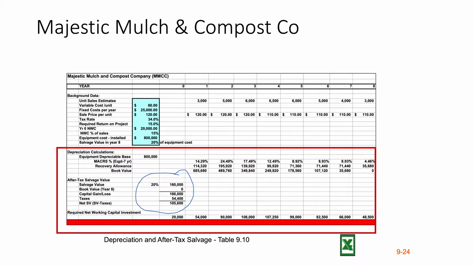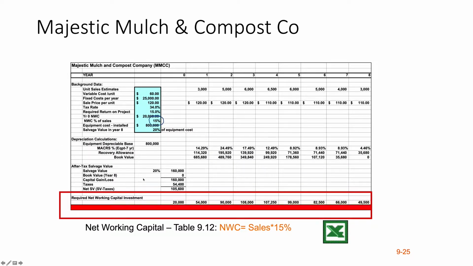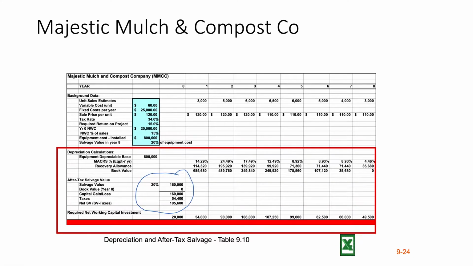Now let's pay attention particularly to the salvage value part. We say that the machine at the end of year 8 has a book value of 0, but it will be sold at a market value at the end of the 8th year of 20% of the 800,000 original cost.